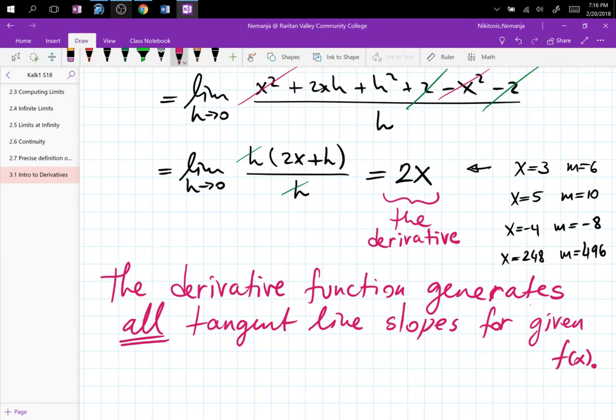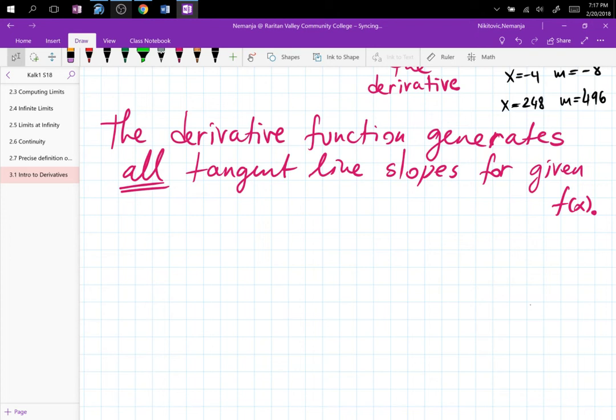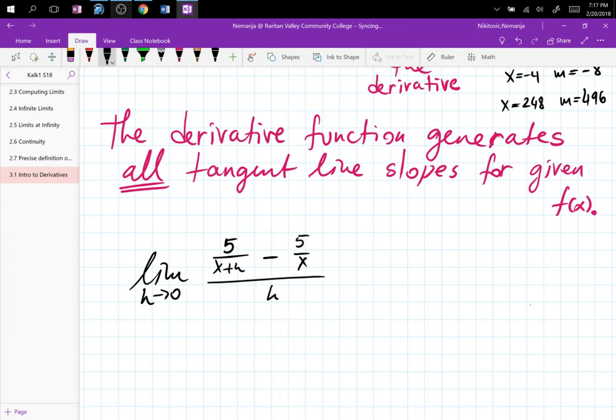So now I challenge you to go back to 2.3 as your exam prep and see that at one point in the homework you are asked to compute the limit as h goes to 0 of 5 over x plus h minus 5 over x, all over h.